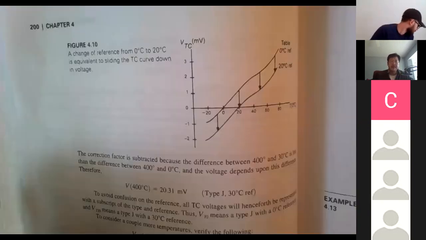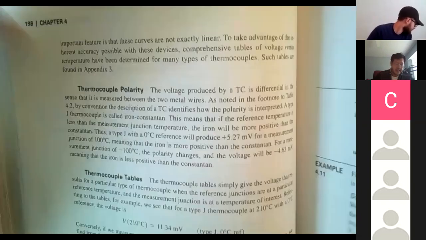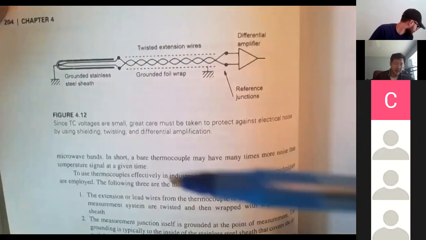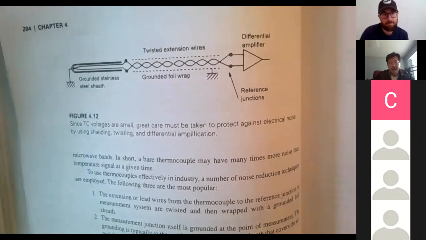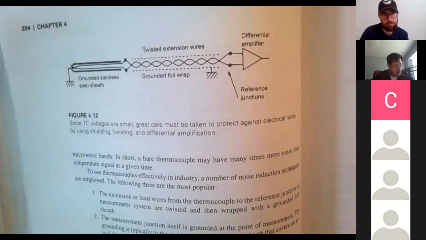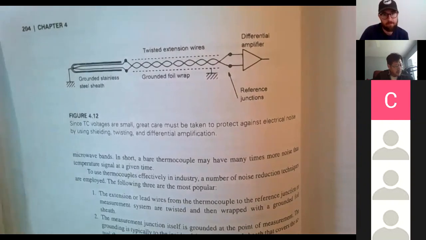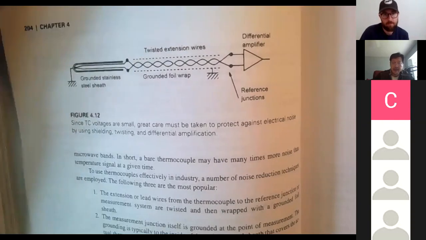Well, I said the thermocouple is a little battery. Actually, we use it as a battery. This is just one application of thermocouple. I have a fireplace. If you have a fireplace, actually, if you have a furnace, chances are you have a thermocouple inside. That thermocouple is actually used as a battery.